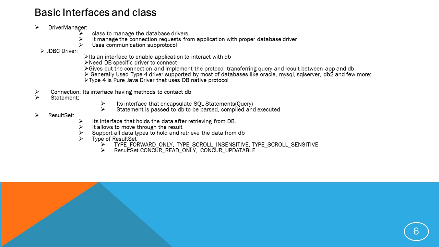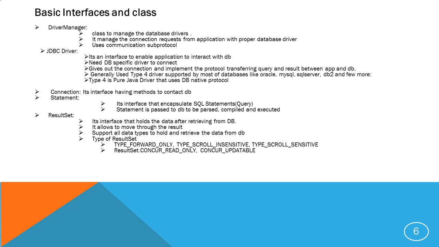It allows you to move through the results. Once you say select star from employee, you can get 1,000 rows. That will be held by the ResultSet, because it is holding more than one record. So you can go through the whole result set, see each row and work with it.